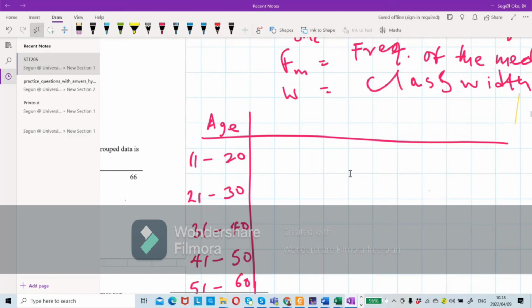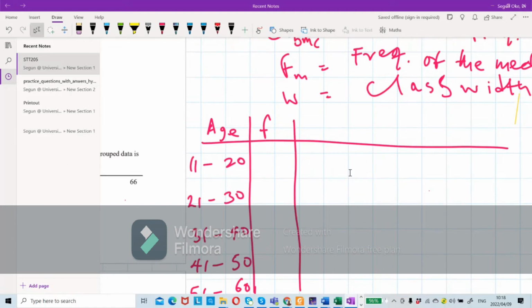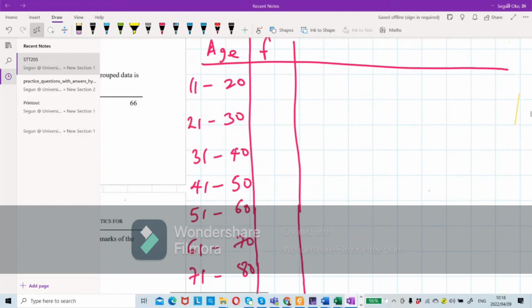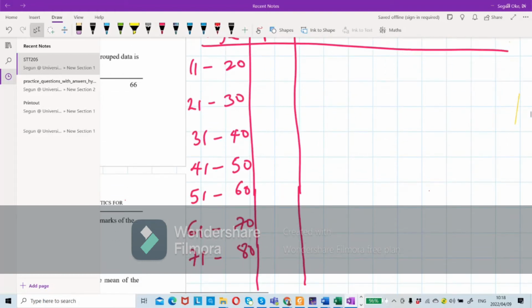So then we have the frequency. For the frequency, we have 3.